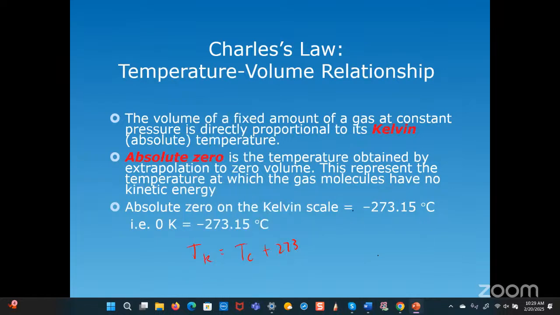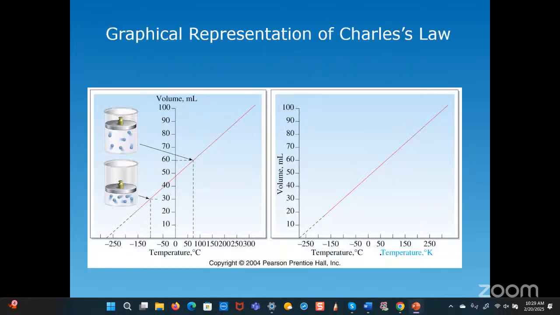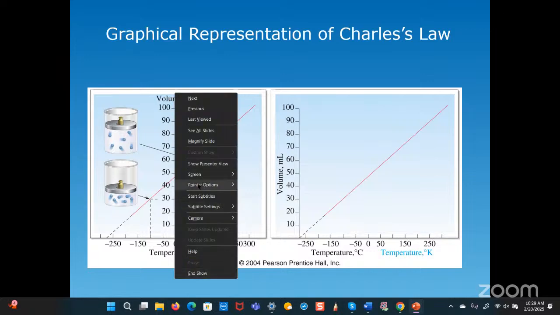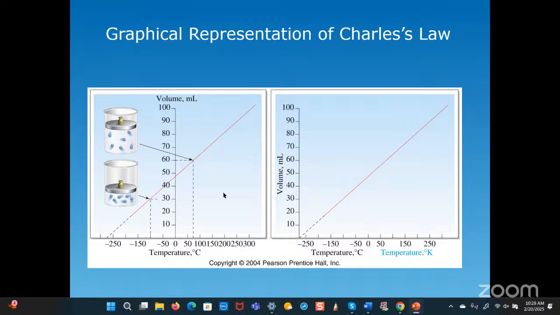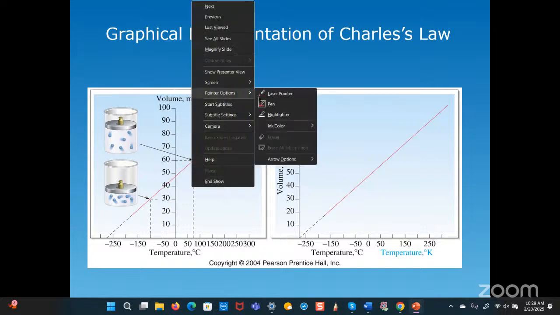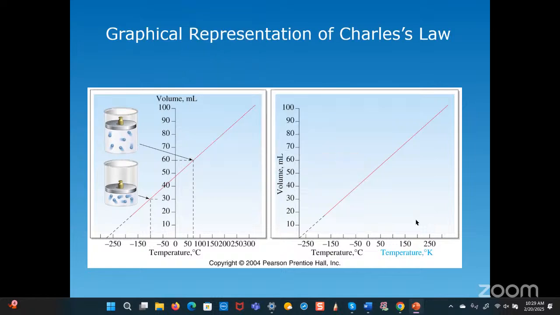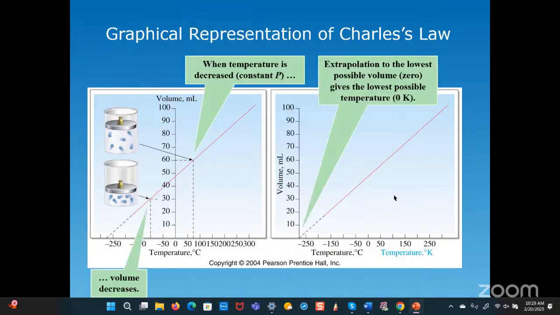All right. Okay, so basically, if you were to use the Kelvin scale instead of the Celsius scale right here, this is the plot that will result. So this is the plot that you're going to end up with, right?